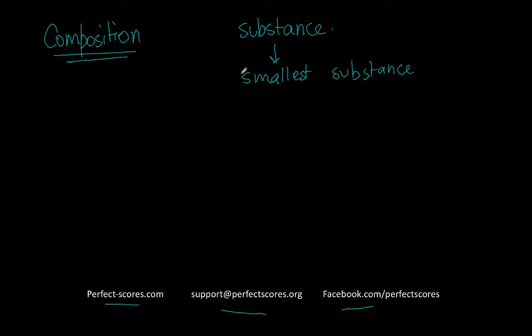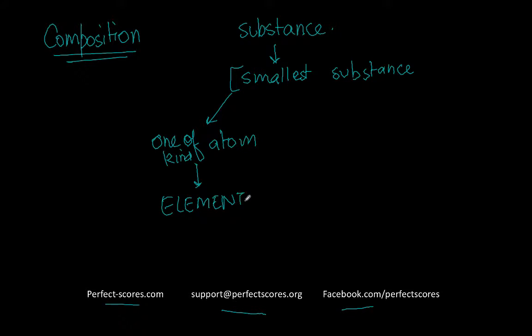Now, at this point of time, if this small substance is made up of only one kind of atom, so let me put here one kind of atom, that substance is known as an element. So basically, elements are substances which can be broken down into smaller parts, but all of those parts are having only one kind of atom.